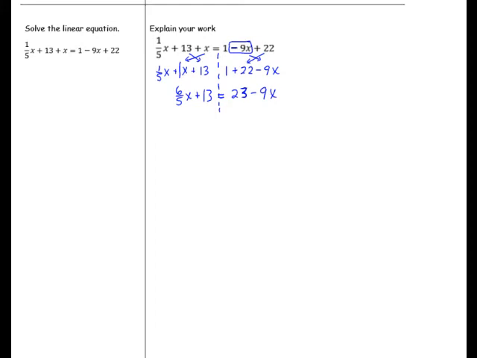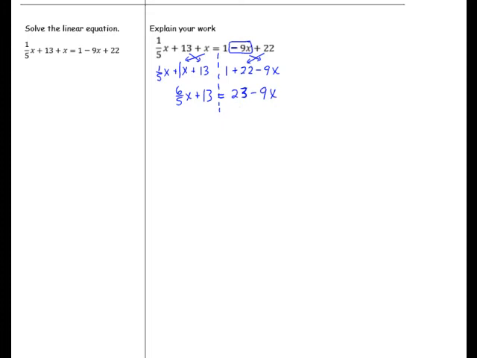Now we have to look, do we want to move 13 to the right side of the equation? Moving 13 to the right side is one of our choices. We could also add 23, or rather subtract 23, from both sides of the equation.